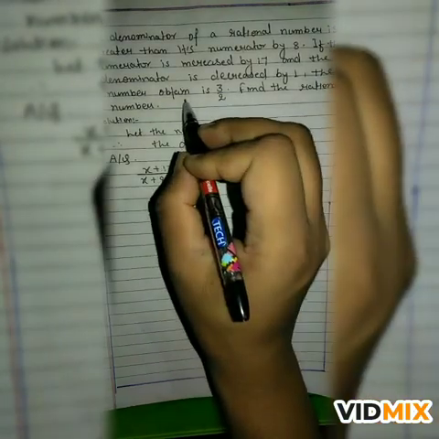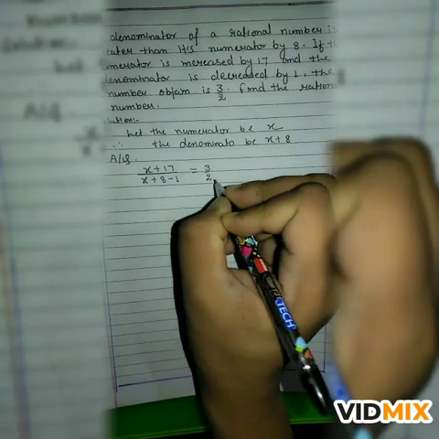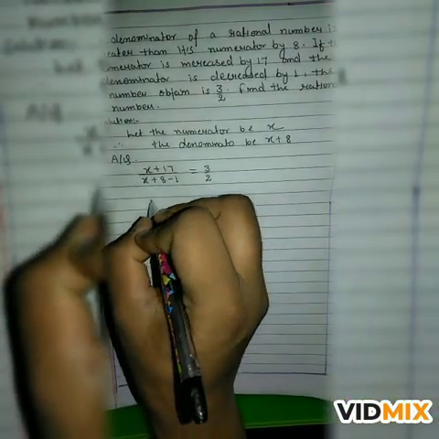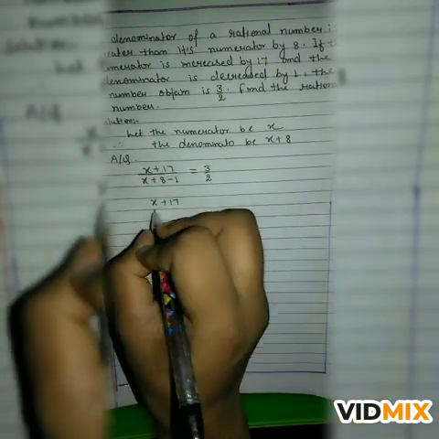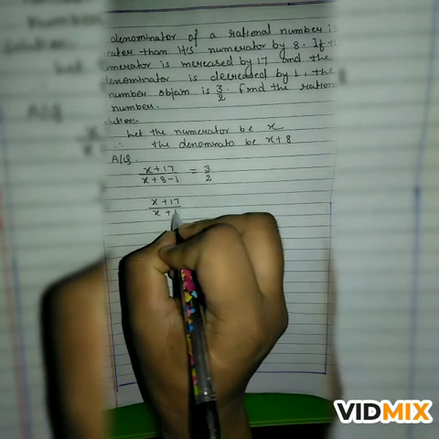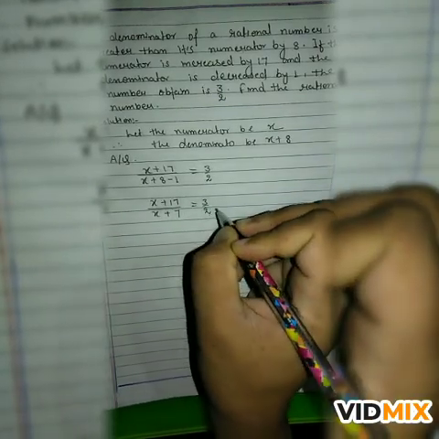Now the number obtained is 3 by 2, so write here equal to 3 by 2. Now calculate: x plus 17 by x plus 8 minus 1, that is x plus 7, is equal to 3 by 2.